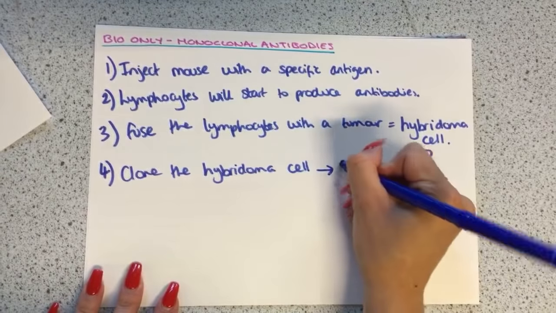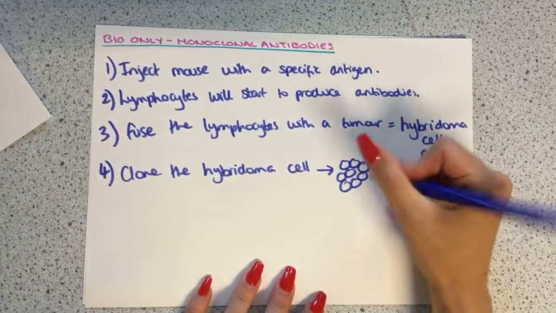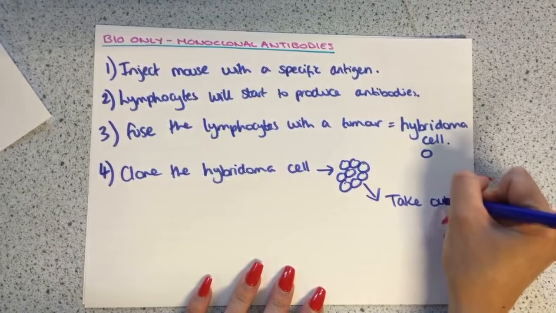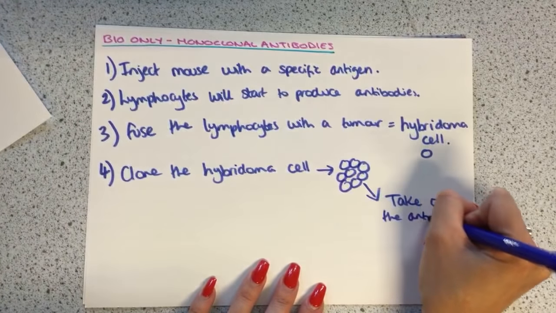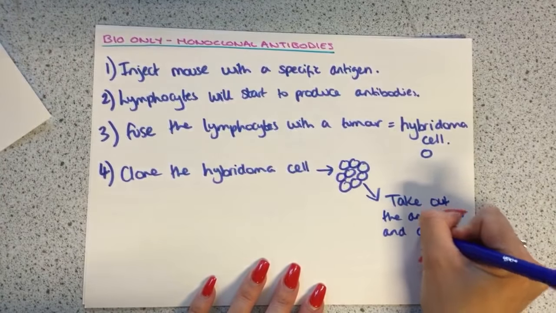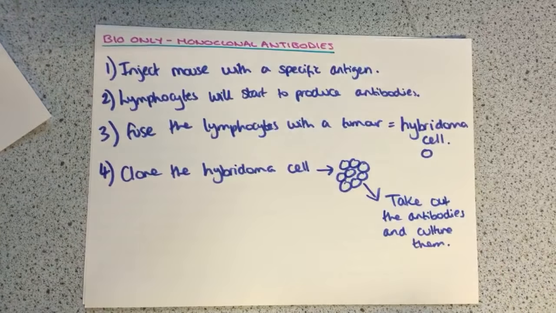So basically you'll end up with lots of these hybridoma cells, and then you will take out the antibodies and culture them. Remember, that just means grow them. And then you can use them for different things, which I'll talk about now.